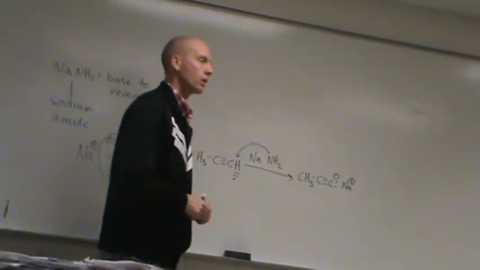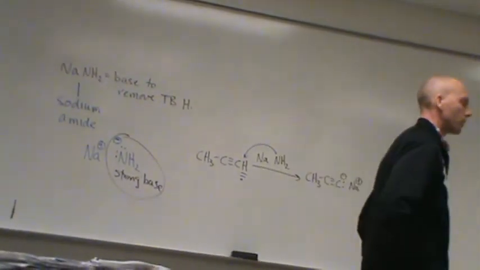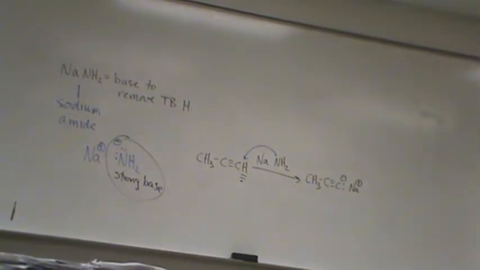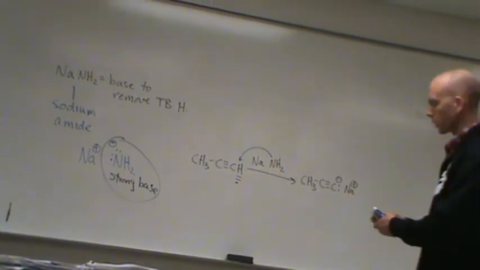Okay. So any questions on the use of sodium amide? Okay. I see a triple bond with a hydrogen, it takes it off. Okay. What about if I had a molecule like this here?